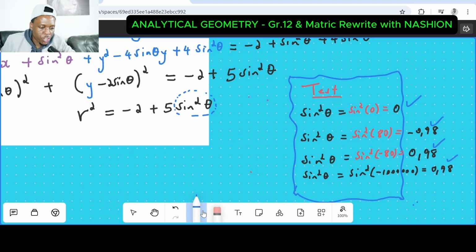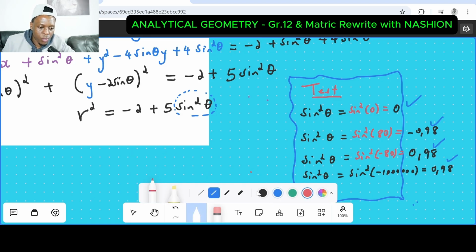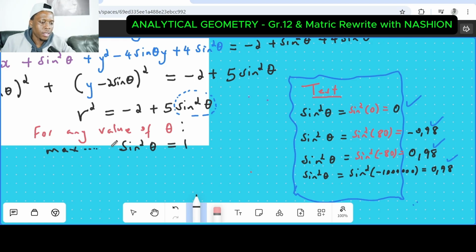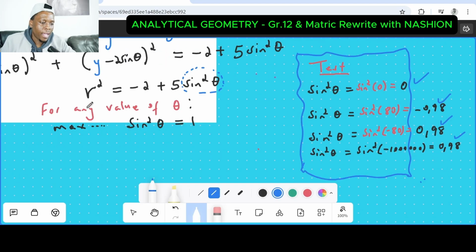So the conclusion I came up with, guys, was this. For any value of theta, the highest value we can get is 1. You see 0.98 is not so far from 1. If you just choose numbers randomly, one of them is going to be giving you 1. So for any value of theta you substitute, you will find that sine squared theta, its maximum is going to give us positive 1. And that's what we wanted.